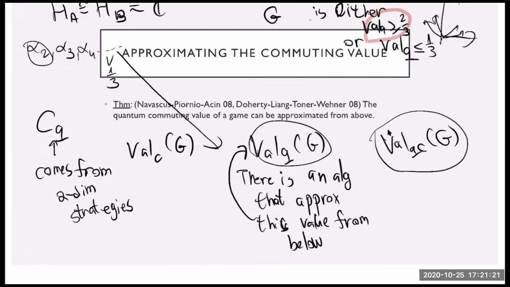How do you do it? You calculate this sequence, going by dimension. If the value is greater or equal to 2/3, at some point you will see it, because it will be strictly greater than 1/3. The point is that if you are in the second case, you will not know that with this algorithm. This sequence can be computed forever, and you will not know.